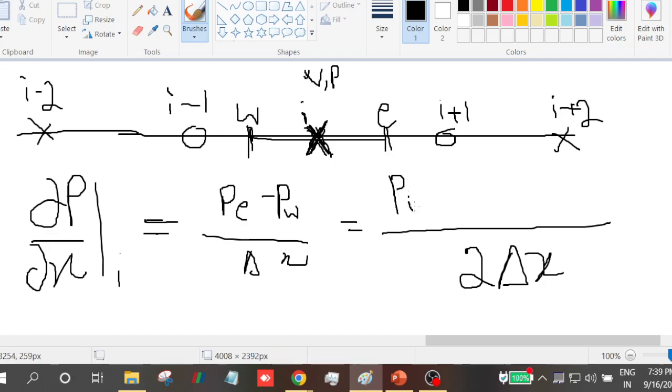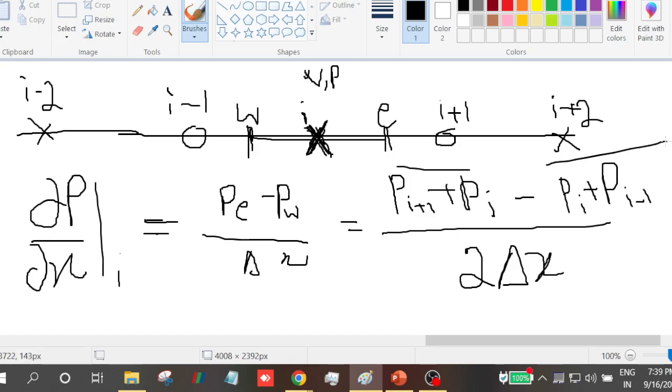PE, I can write PI plus 1 plus PI. Then you have minus PW, that we can write again as PI plus PI minus 1. Now you will observe that this PI itself will get cancelled out.